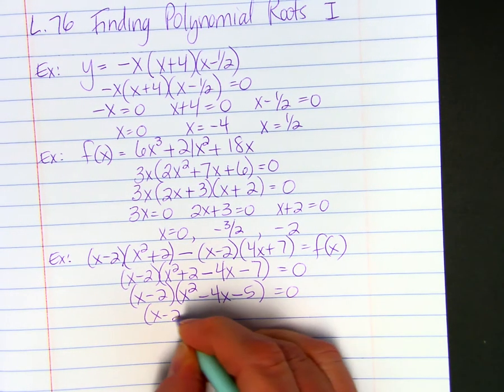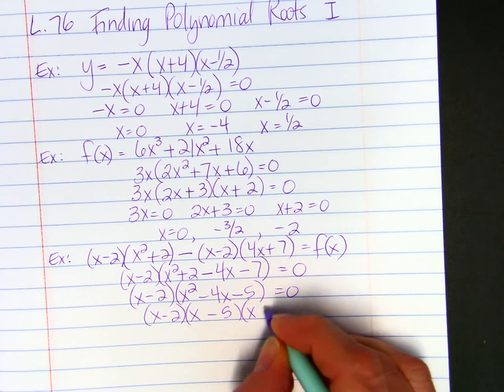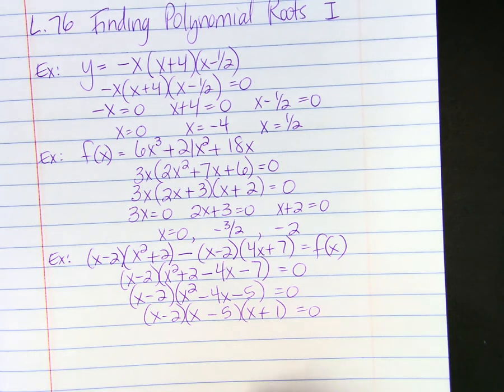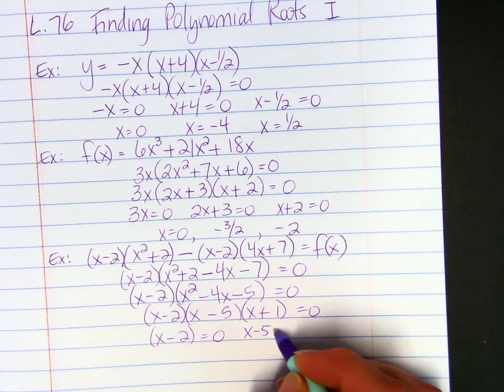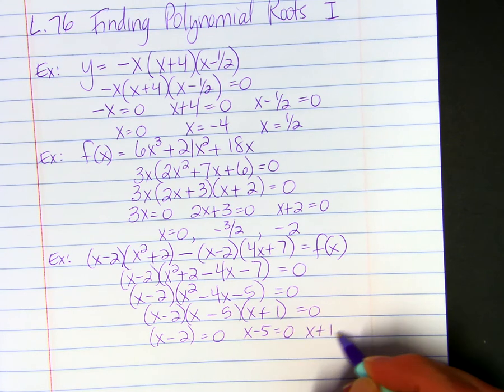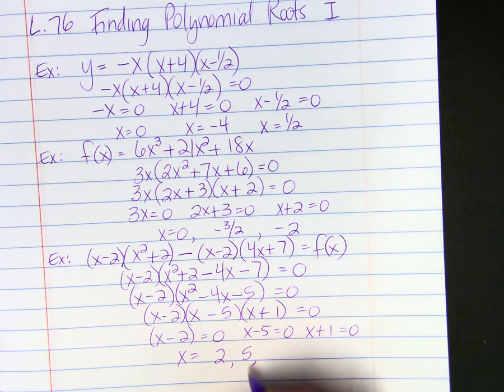Then we can factor that to x minus 5, x plus 1. Set each factor equal to 0 and solve again for x. x can be 2, 5, or negative 1.